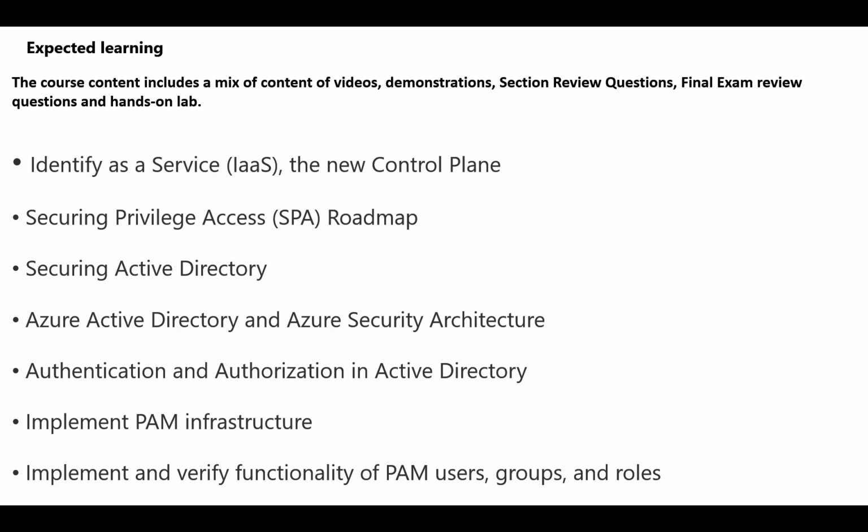You will learn Azure Active Directory and Azure Security Architecture. You'll be comfortable explaining the authentication and authorization protocols in on-premises Active Directory. You will be comfortable implementing a PAM infrastructure, that is a privileged access management infrastructure, and implementing and verifying the functionality of privileged access management users, groups, and roles.